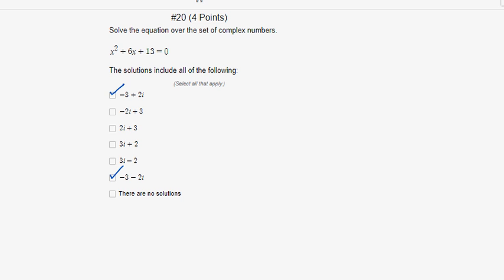But anyway, let's look at this here. We've got -6 plus or minus the square root of 6 squared minus 4 times 1 times 13. That's all divided by 2 times 1.